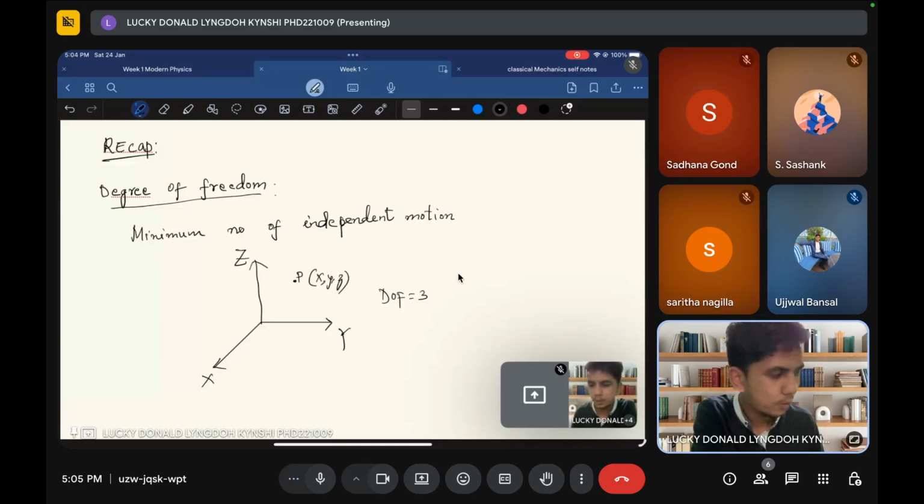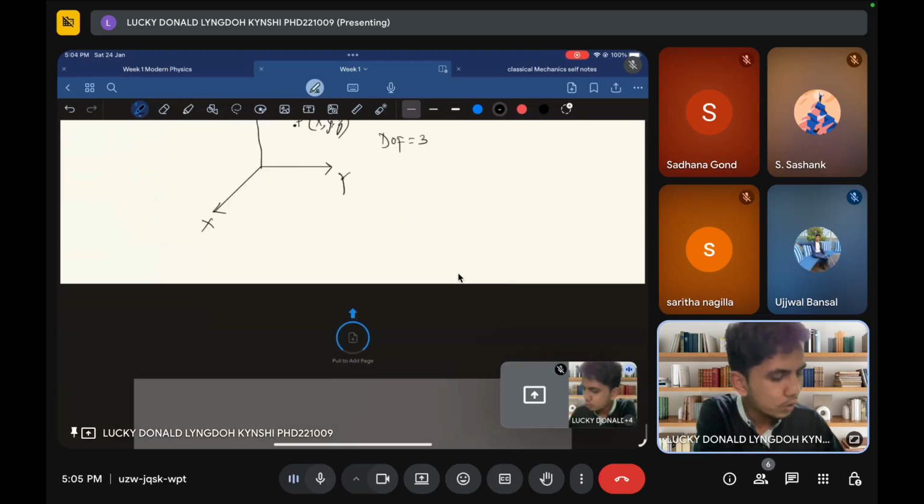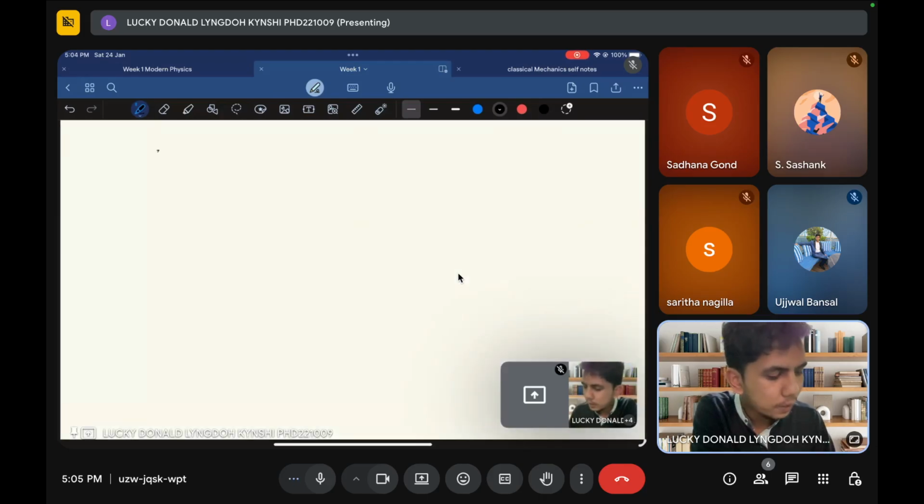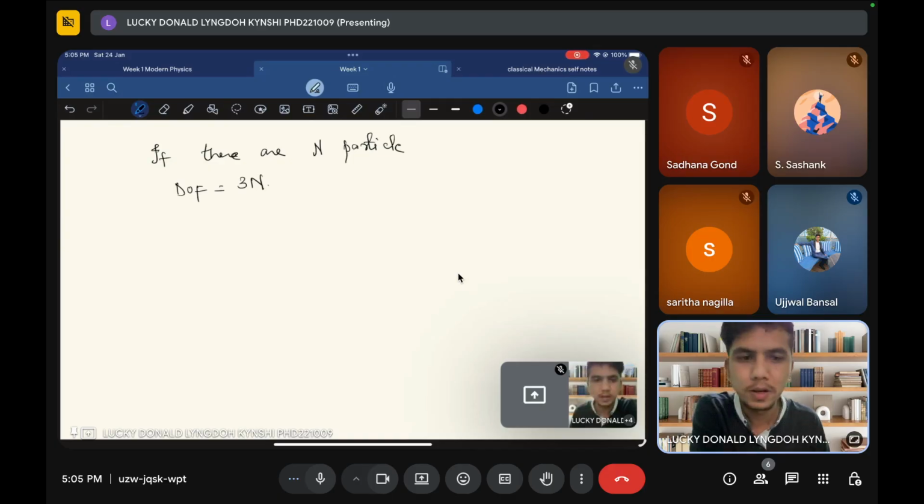Now suppose there are n particles in 3 dimensions, then the degrees of freedom will be equal to 3 times the number of particles, 3n. I'll just put this in a box.